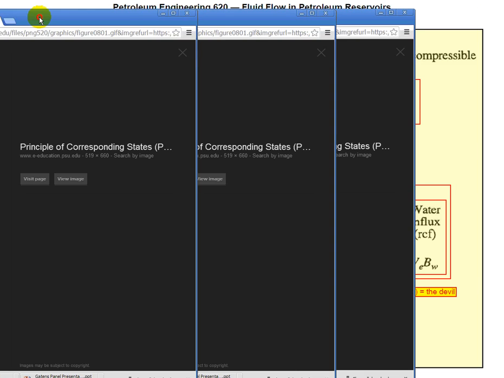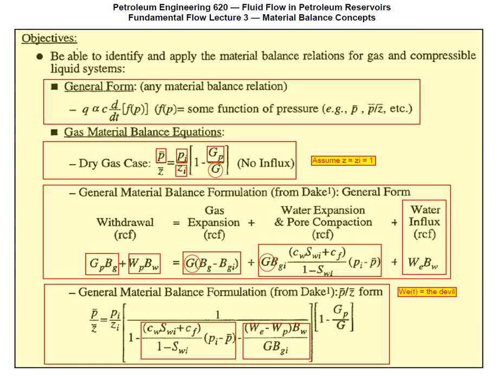So assuming Z equals 1, is that a good thing or a bad thing, class? And we'll talk about this later on, but some people did that. They assumed that the Z factor was equal to 1 so they could develop a convenient rate equation. If the material balance equation is wrong, everything you do with it is wrong. I cannot overemphasize this.